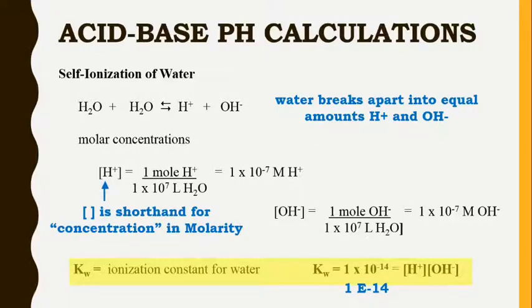And just as a reminder, in our calculators, when we use that number, instead of the times 10 part, we're going to use E. So we're going to put 1E negative 14 in there. And having those numbers equal to a set constant meant that we could use this equation to predict the ratio or the amounts of H pluses and OH minuses in other solutions where they didn't have predictable concentrations.